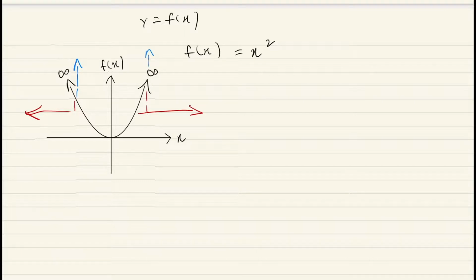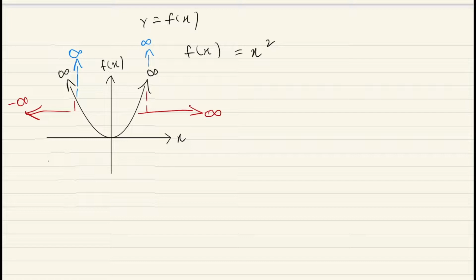Alright, so red is going to infinity, this one is going to negative infinity, because over here is the negative portion already. So here it will be going to infinity, here it will be going to infinity.